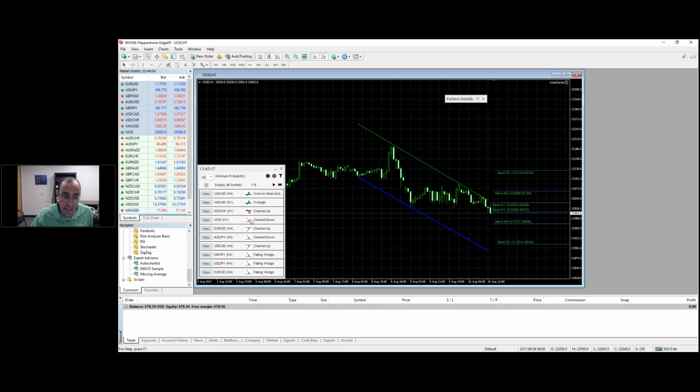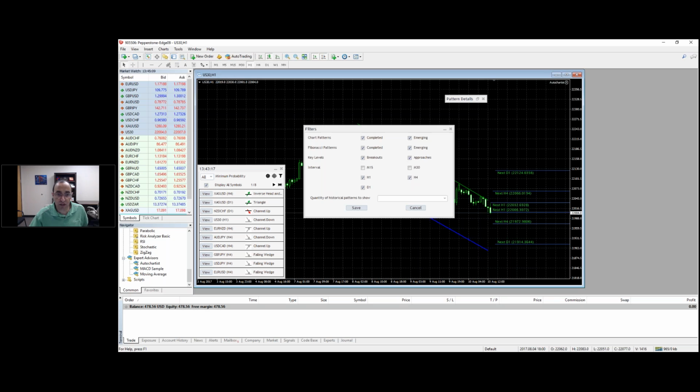And so what you'll notice is that the chart patterns with these gray arrows are not included in our performance analysis, okay? In fact, if I click on this filter button, I want to show you the ones that we do and don't provide performance analysis on.